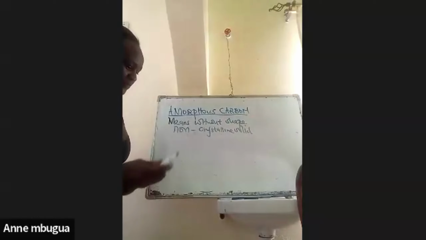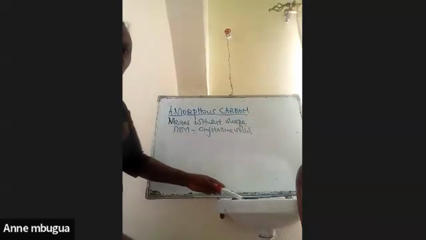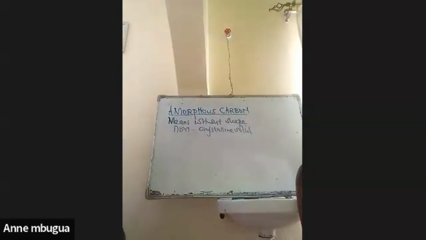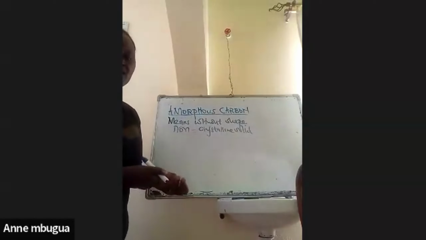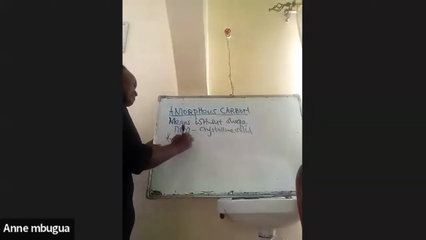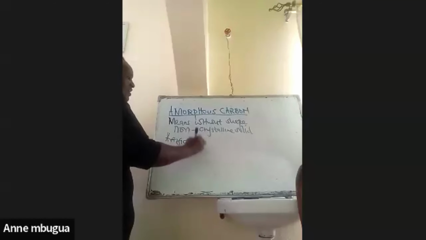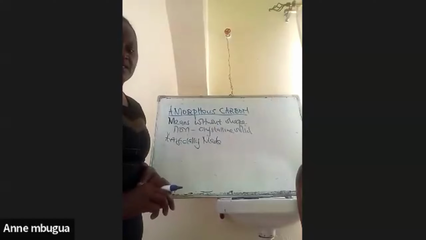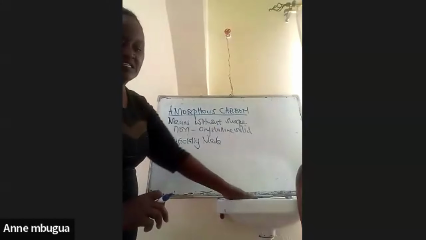This amorphous form of carbon does not occur naturally, but it is artificially made in various forms.